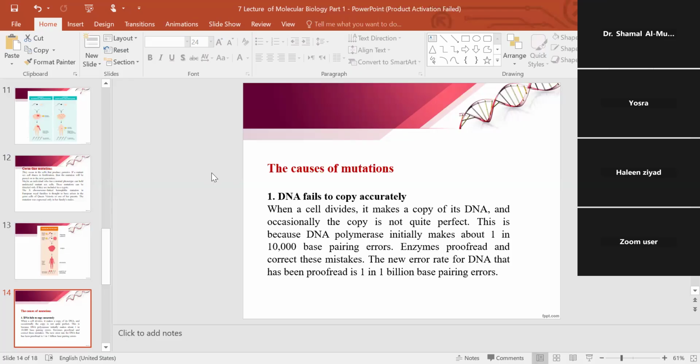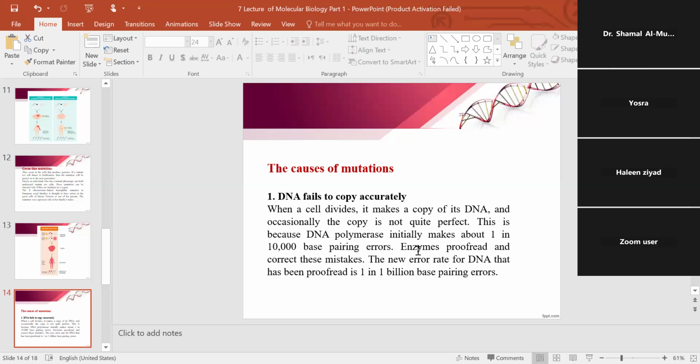This is because the DNA polymerase, as I mentioned before, initially makes about 1 error in 10,000 base pairs. The error may happen, but it is very, very little. If it happens, it's normal.